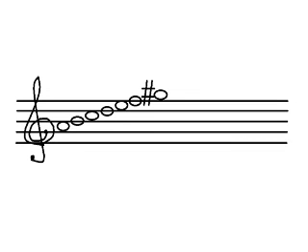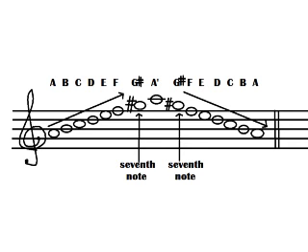Just go to your natural minor scale, go to the seventh note, and raise it. And I said, if the seventh note is a note that has a flat already, like the seventh note is an E flat, all you need to do is replace that with a natural.